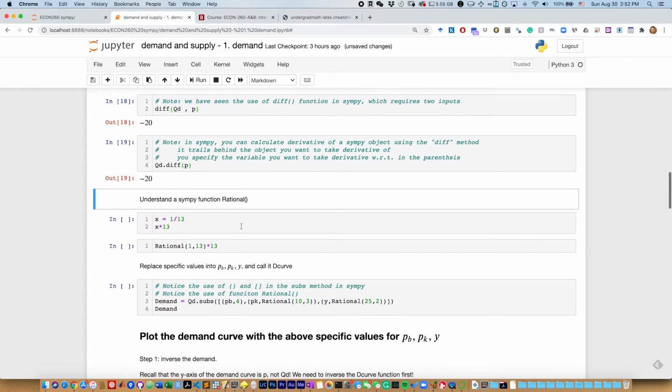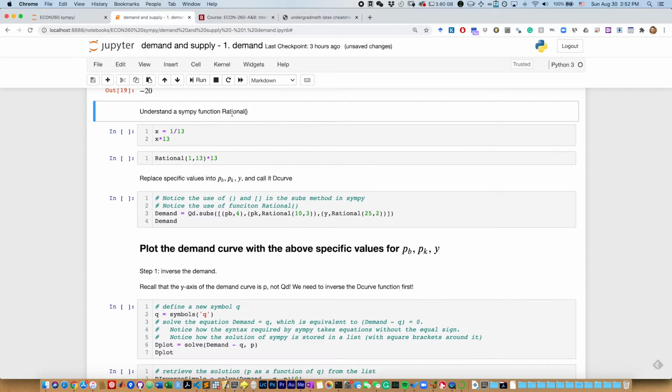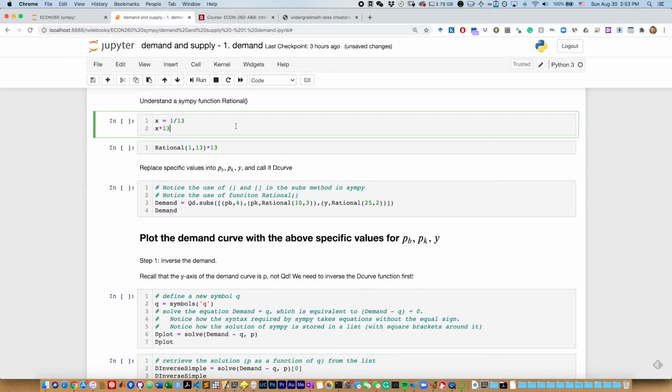All right. Another useful thing in sympy is the use of a particular function called rational. And that function has something to do with the way computers understand numbers. The idea is that in general, computers store values in a very precise way, but only to a certain level. For instance, a computer doesn't store the whole sequence of pi.